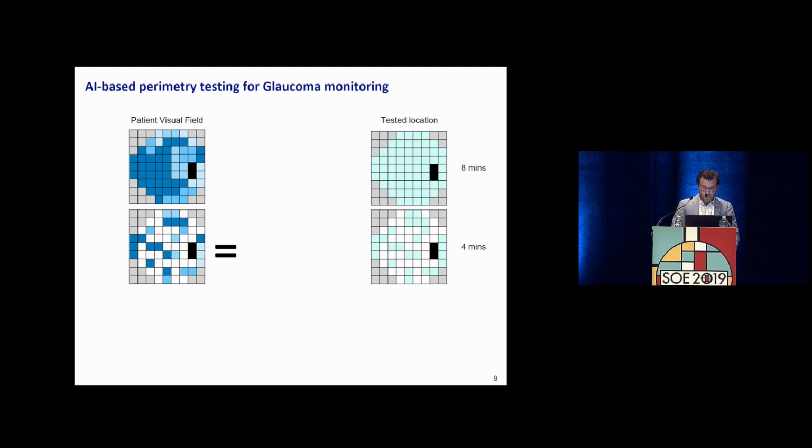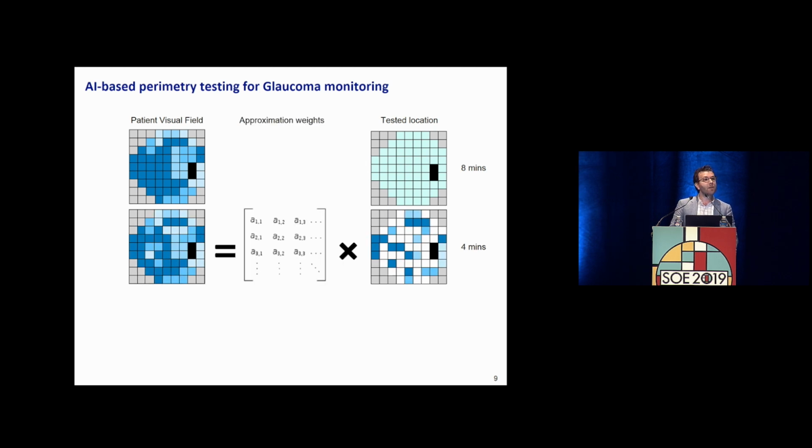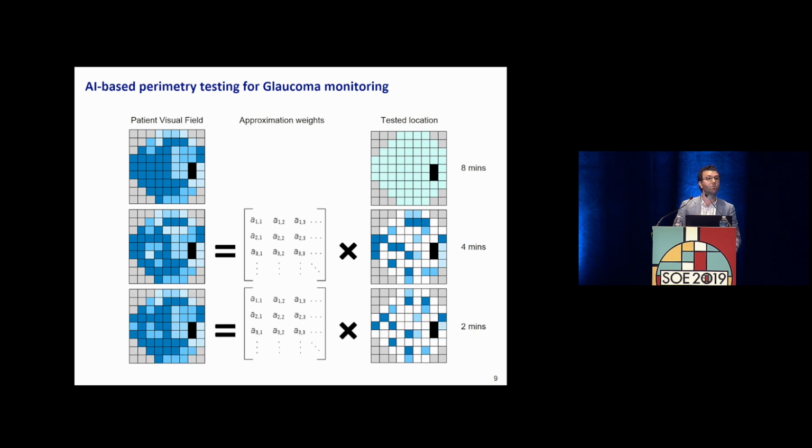Okay? But the idea is that maybe we can approximate and fill in the gaps of what was not actually imaged, by multiplying the actually recorded locations with some weights that are going to come from the machine learning part. This is where the AI comes in. And if you can do this for 4 minutes, you can also do this for 2 minutes and 30 seconds if you wanted to.